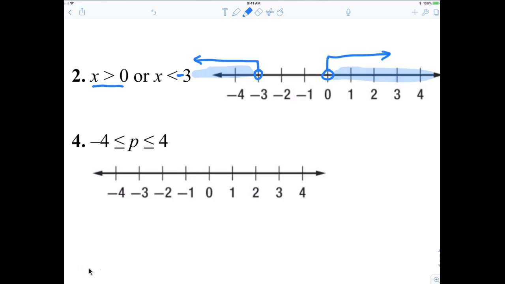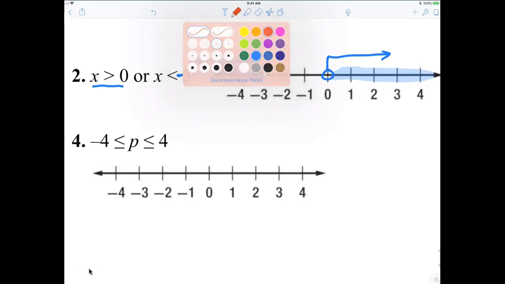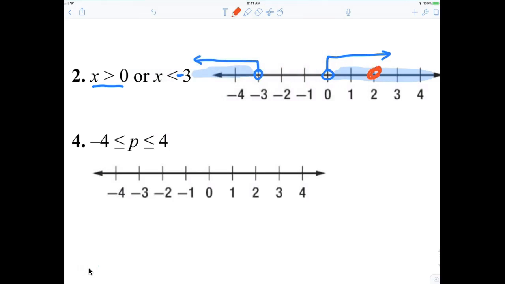It can't be an and statement, because I can't be here and over here at the same time. I cannot be in both spots. That's why it's not appropriate to say and. That's an or statement.